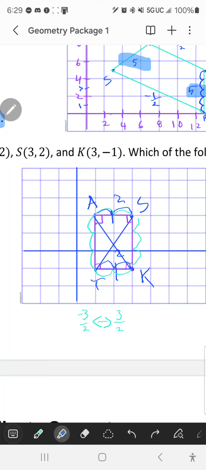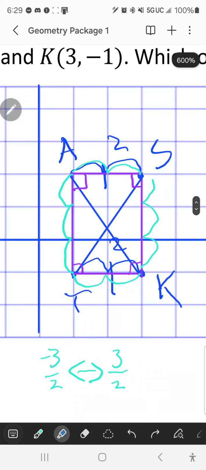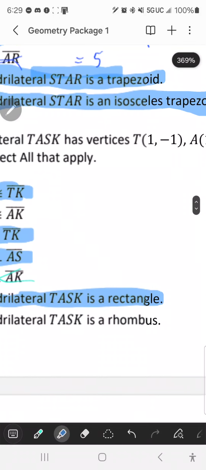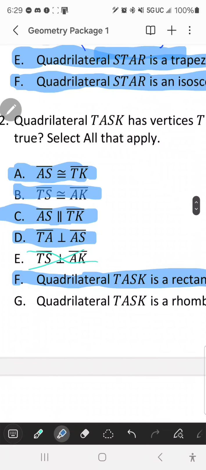So we fulfill all the requirements here. So it is a rectangle, and since it is a rectangle, the perpendiculars, which are these two lines, are also equal. But if you don't know this property, if you don't want to learn it, just use the distance formula, calculate it by yourself, and you'll get the answer. So I can say that this is true.